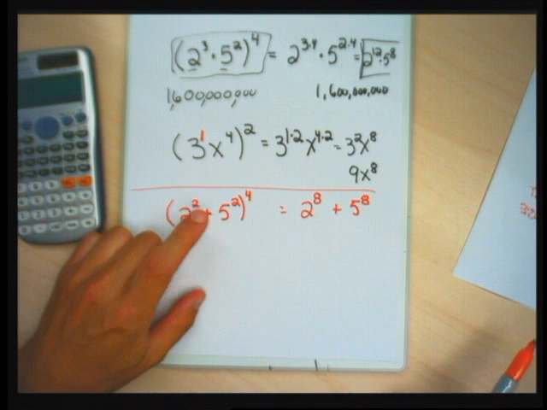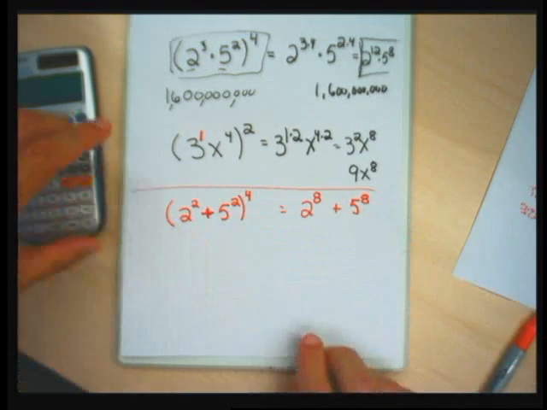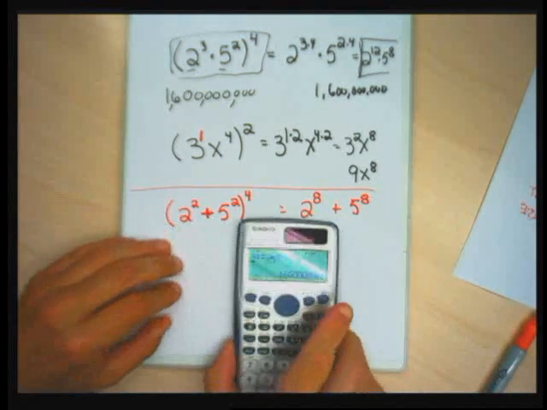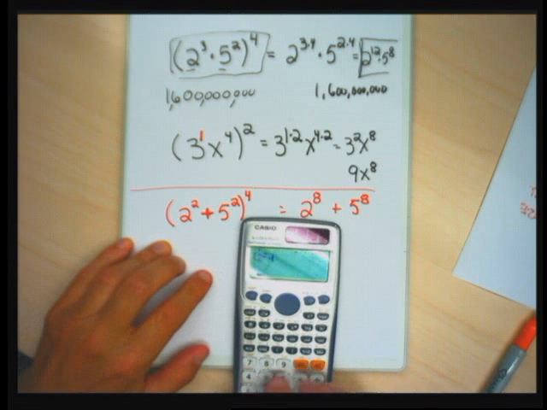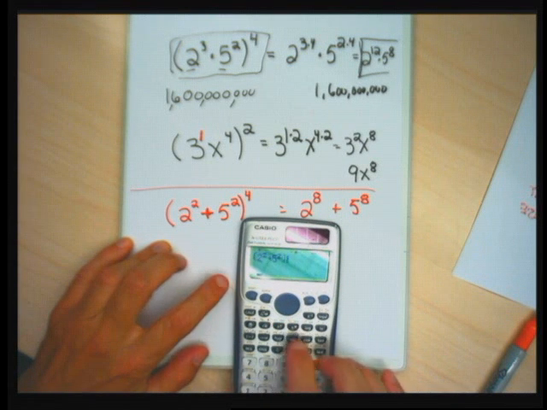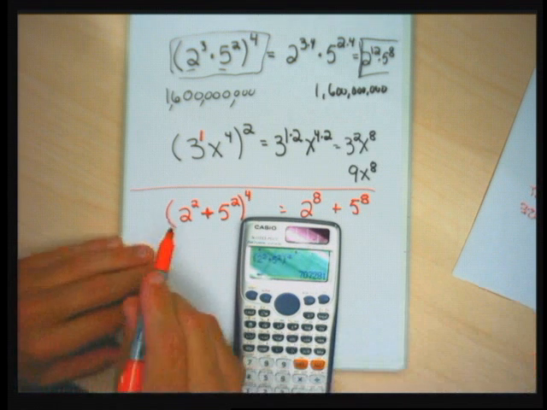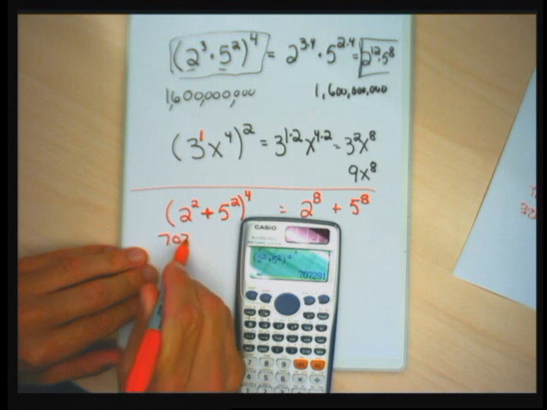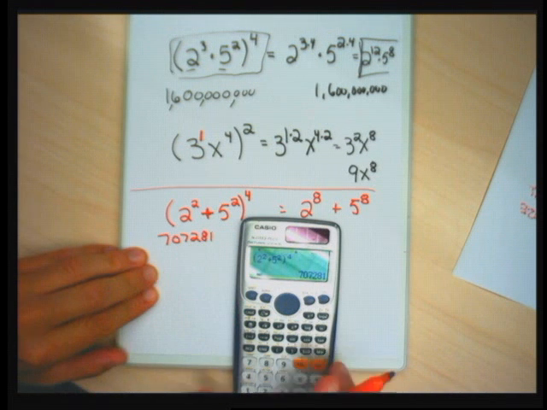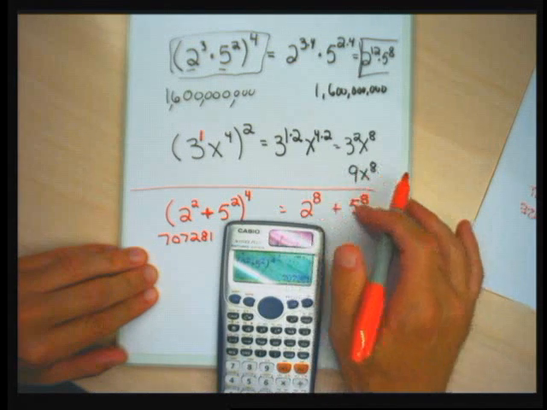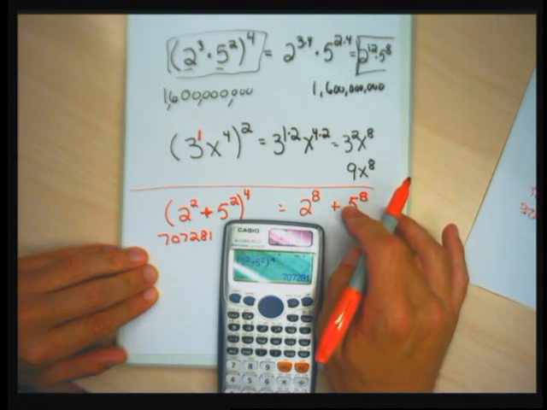So let me show you the original problem that has a plus between the terms. If you see what it equals. So I have 2 squared plus 5 squared all to the 4th power. So the original problem equals 707,281. For this to be correct, this also has to equal 707,281, and it's not going to.